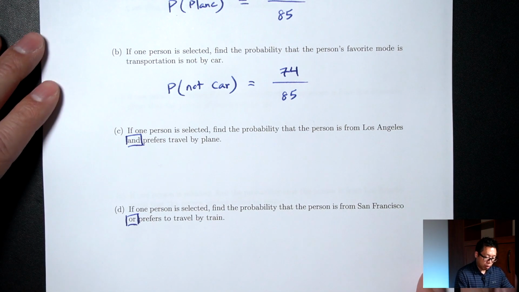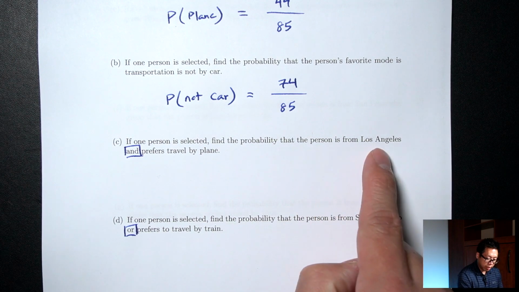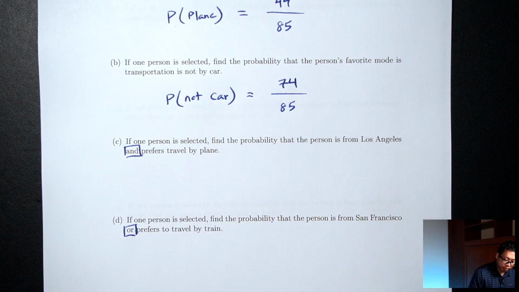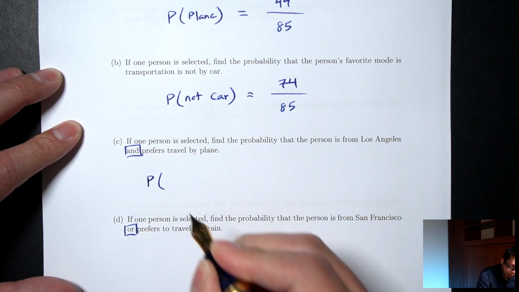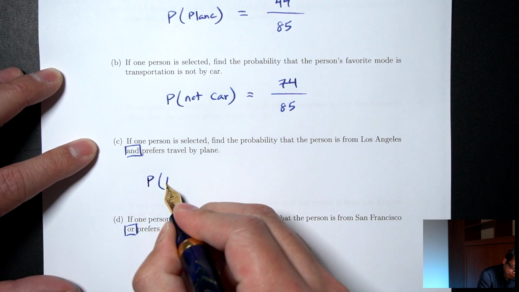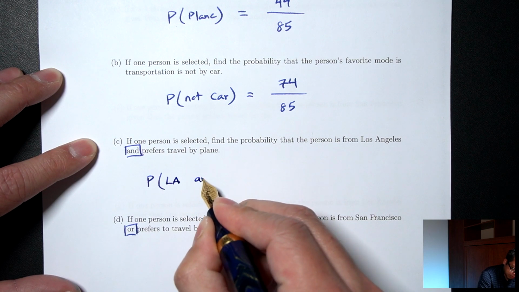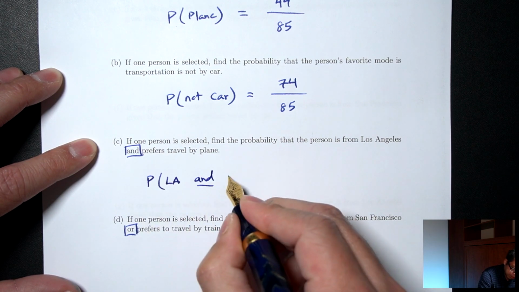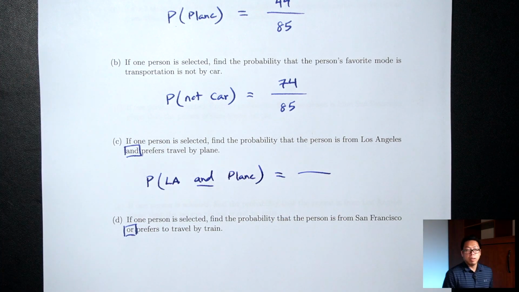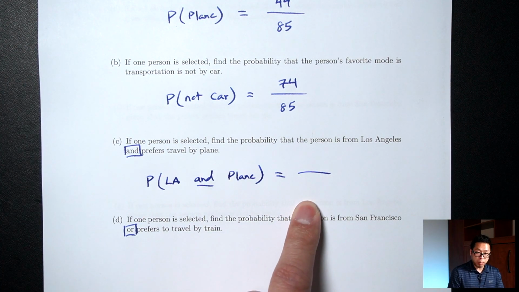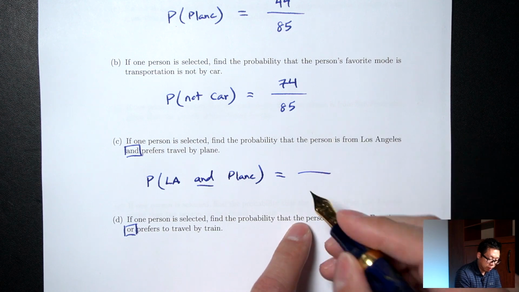Part C. So I want probability that the person is from Los Angeles and prefers travel by plane. In symbols, what I'm looking for here is probability of Los Angeles, so LA, and plane. Bottom, still the same. Total number of people I can pick from, that's going to be 85.